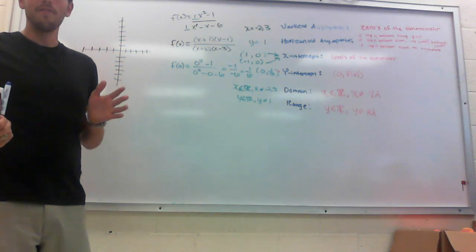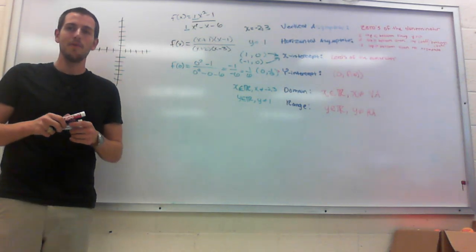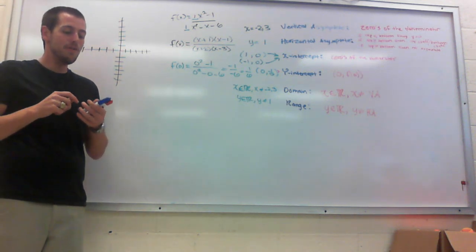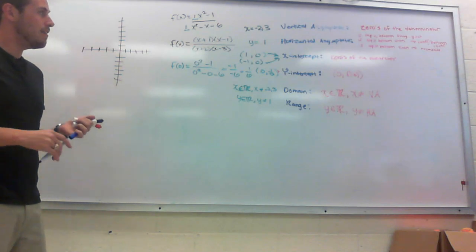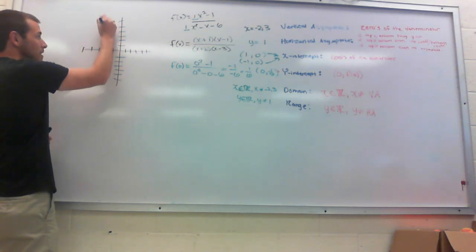So we have all of our information. The only thing we don't have is test points, but we don't know if we need test points quite yet. I'm going to go ahead and plug what I do know into the graph though. Let's see. I know my vertical asymptotes are at -2 and +3.